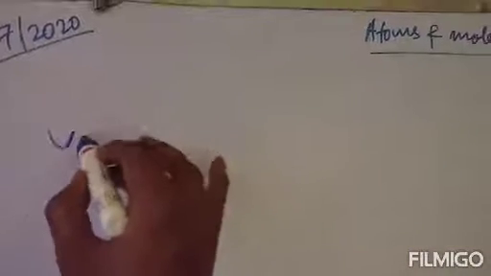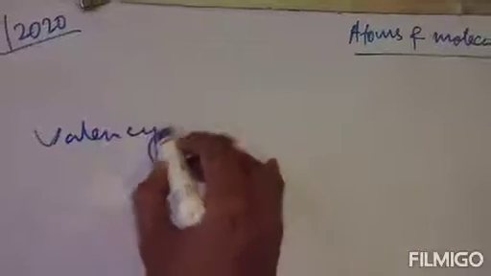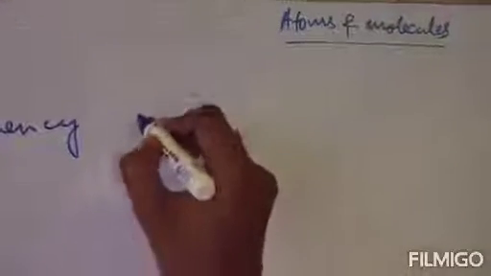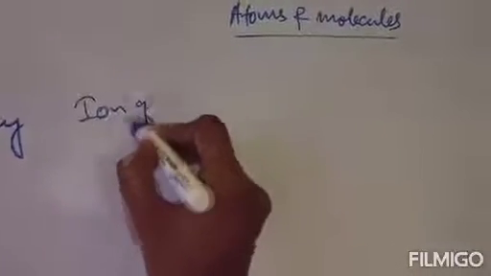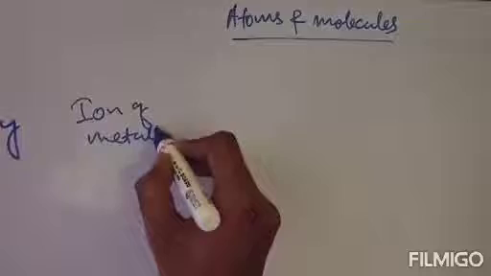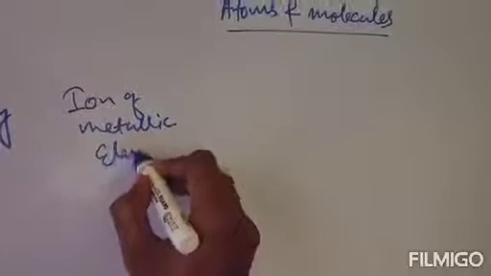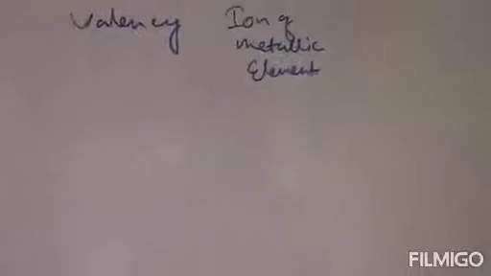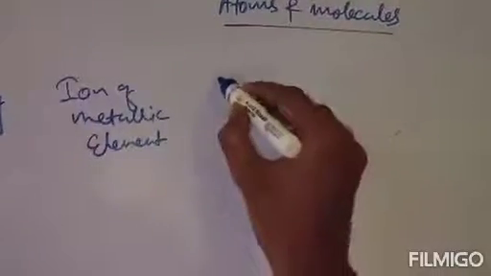So make a heading, valency. Ions of metallic elements and their symbols.